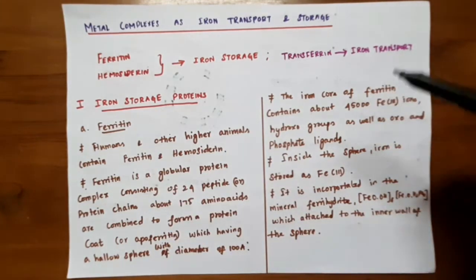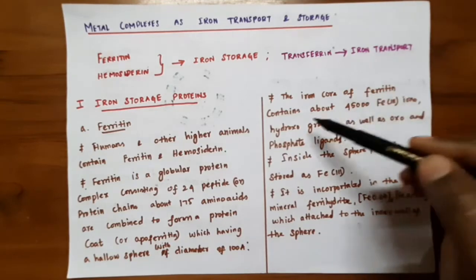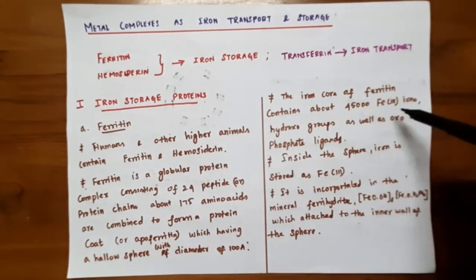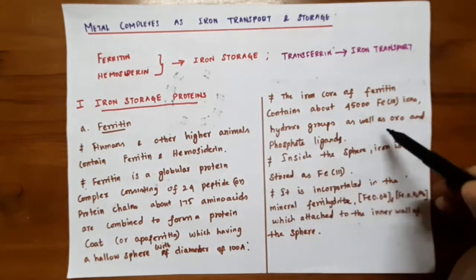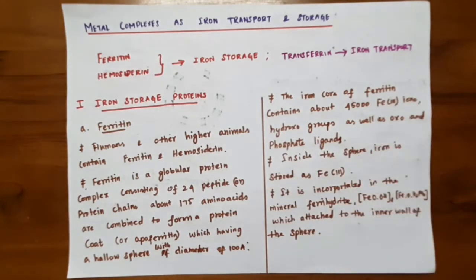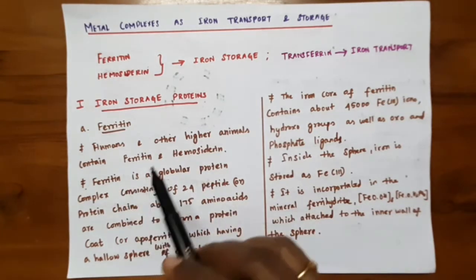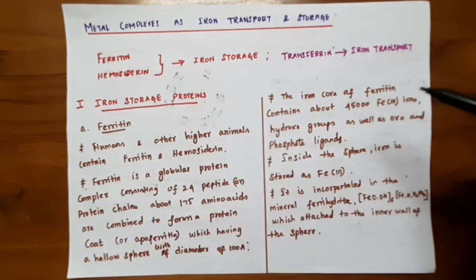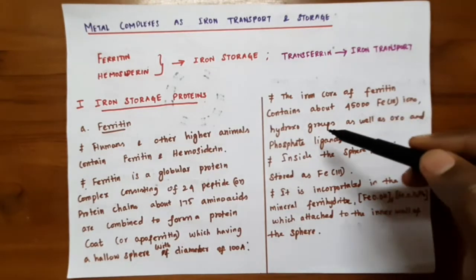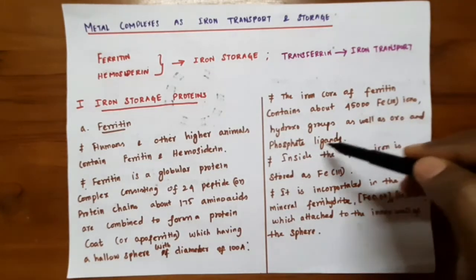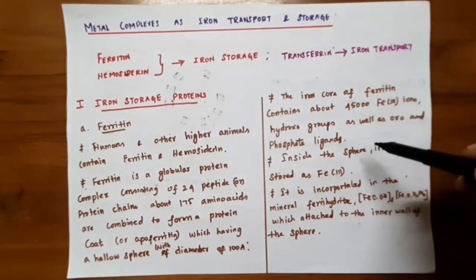Then the iron core of ferritin contains about 45,000 iron Fe3+ ions, as well as hydroxyl groups, oxo and phosphate ligands. So in the ferritin structure, it contains nearly 45,000 iron Fe3+ ions as well as some hydroxyl groups, oxo and phosphate ligands inside the iron core.